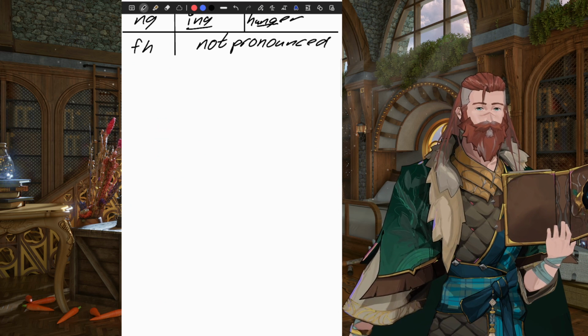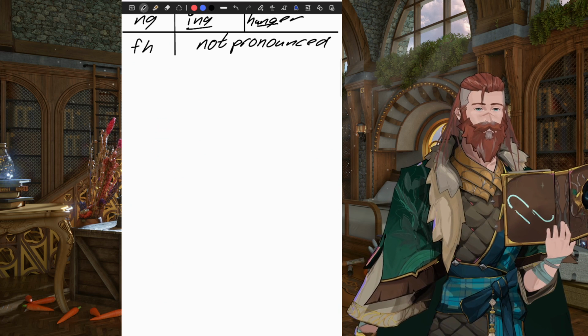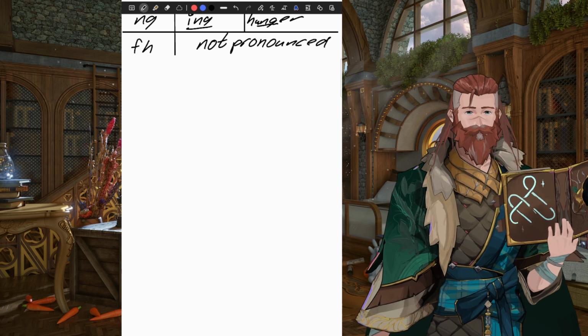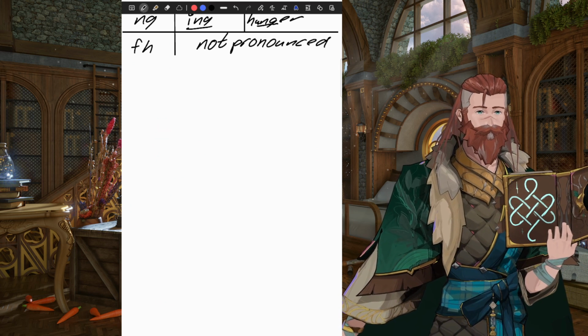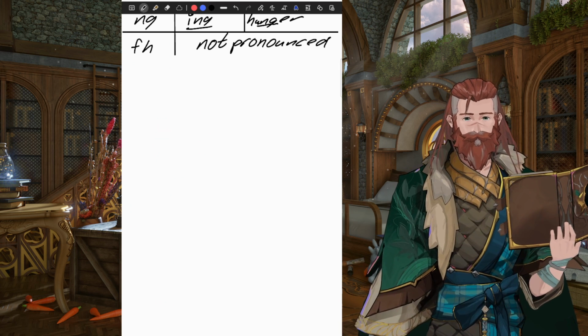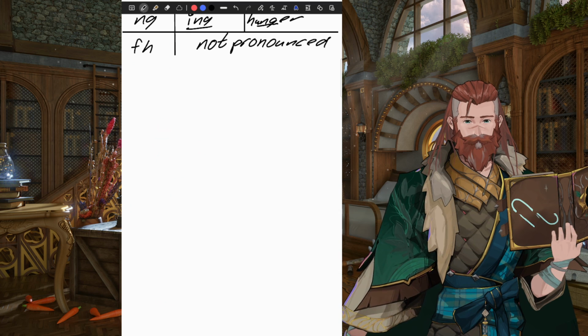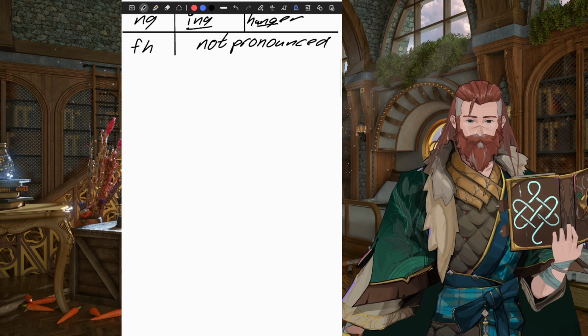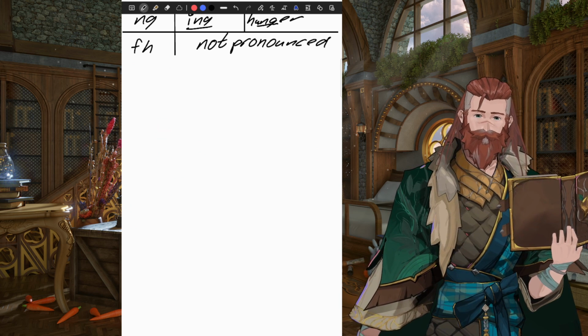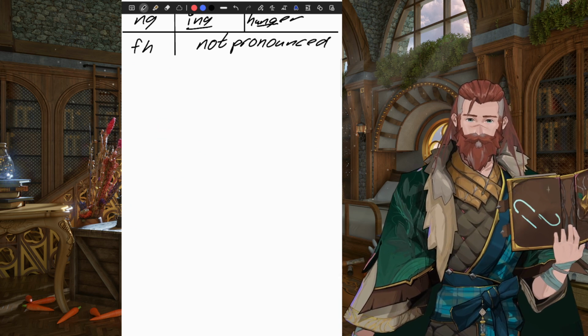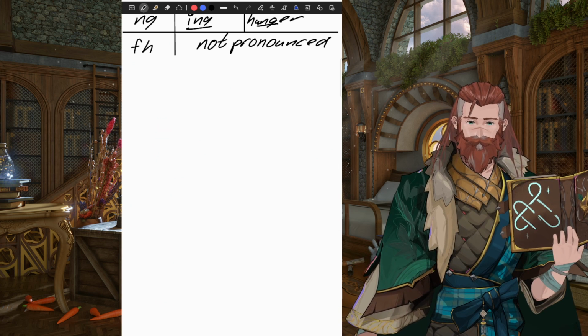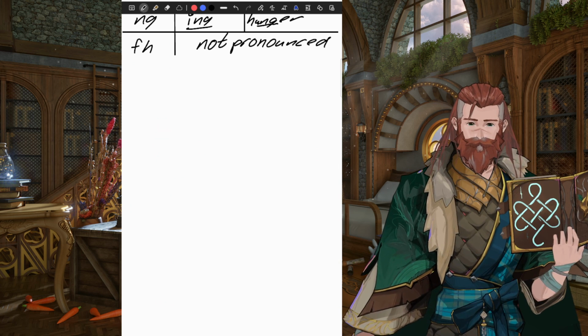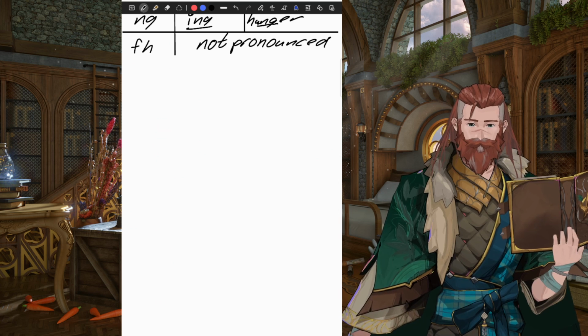Let me drop some links in the chat here for different resources to help with pronunciation. This first one is going to be text to speech, specifically made to work with Irish.